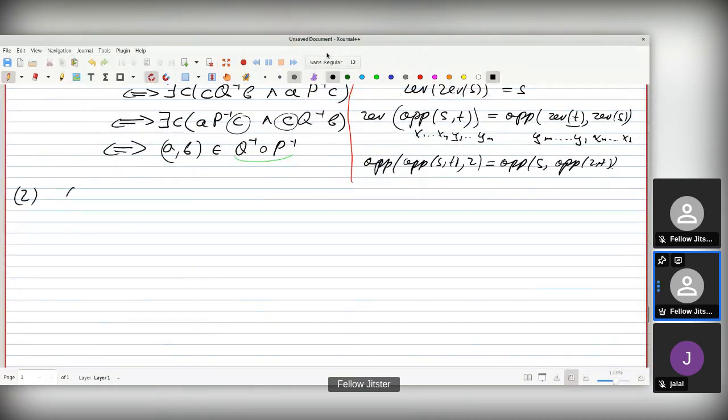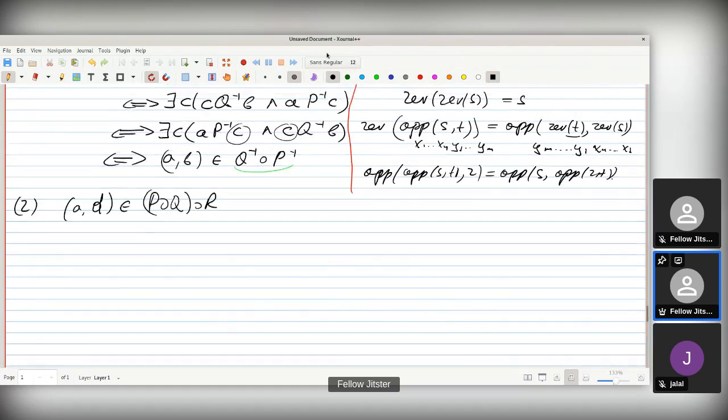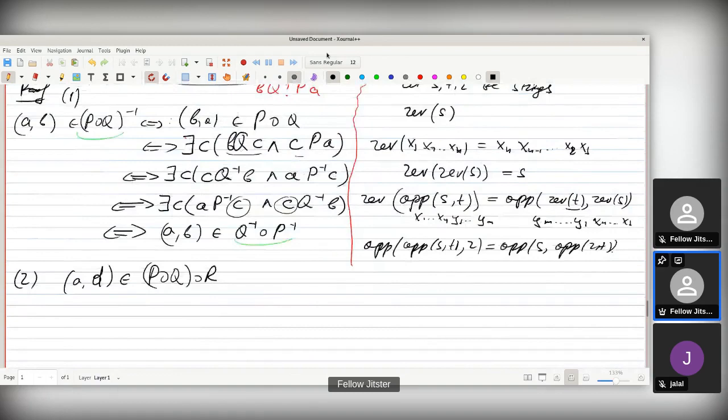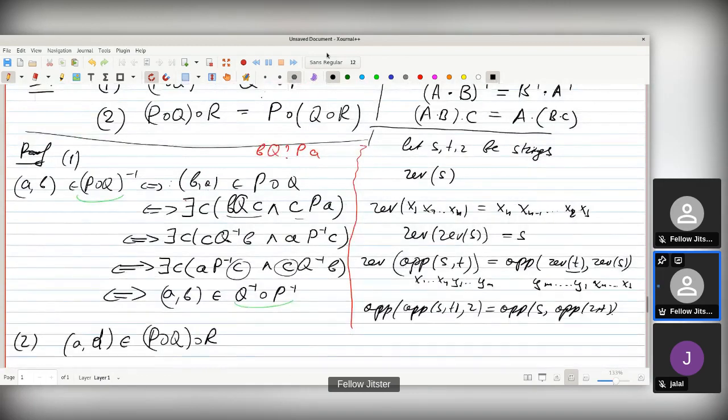And now let us finish the proof of this theorem, proving the second claim. The second claim assumes that AD belongs to this relation P, to this one. Here it is, the left-hand side. What does it mean?